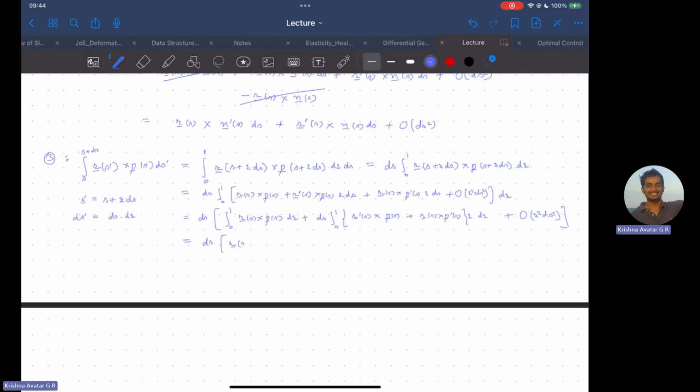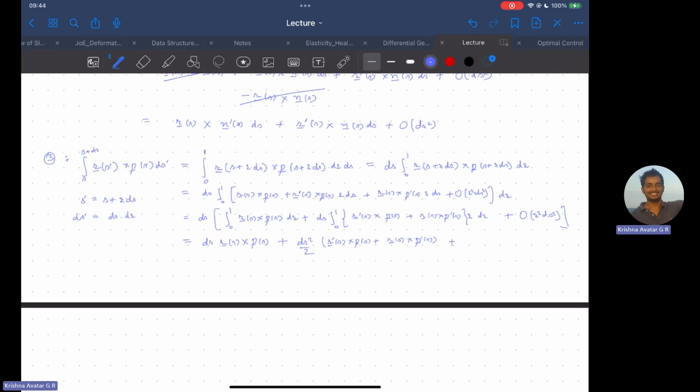So this is r vector of s cross p vector of s plus this term, and then we have ds squared and this particular long expression, which will eventually come out to be r prime of s cross p of s plus r of s cross p prime of s, into epsilon into 1 by 2, ds squared by 2.